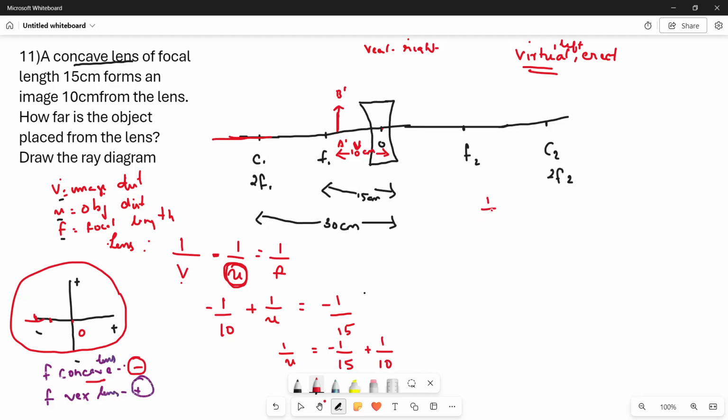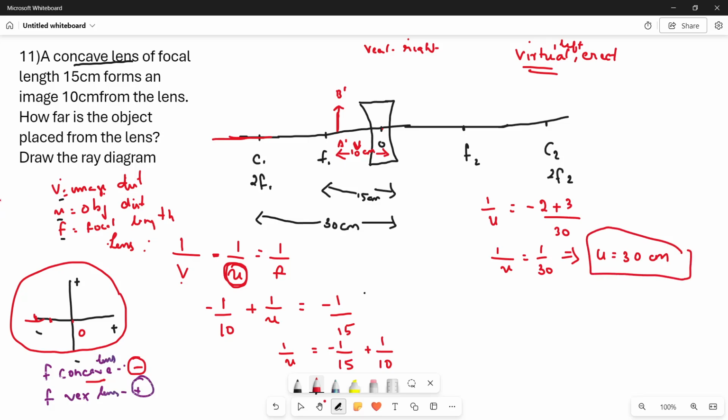Taking LCM for 10 and 15, it is 30. So this is going to be minus 2 plus 3 by 30. 1 by u is equal to 1 by 30, or u is simply 30 centimeters.